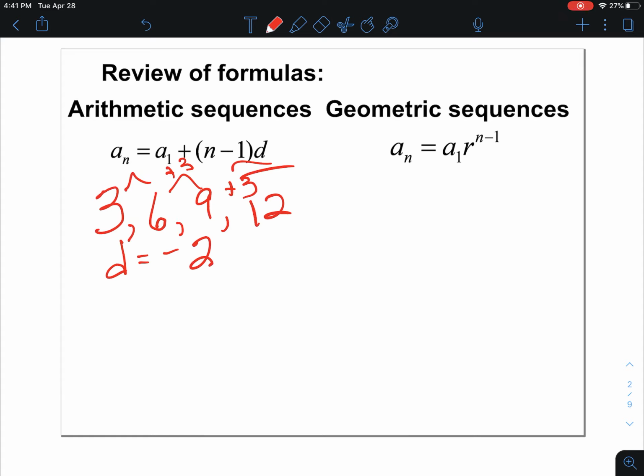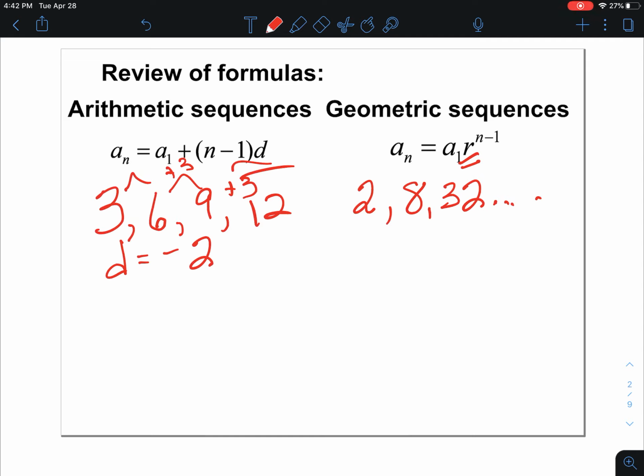The second kind of sequences that we talked about were the geometric sequences. They don't have a common difference, but they have a common ratio. So in order to do geometric sequences, you're multiplying by a ratio or a number every time to get the next term. For instance, let's say I started with 2, then I went to 8, then 32, and let's see if I can figure out what the common ratio is here.